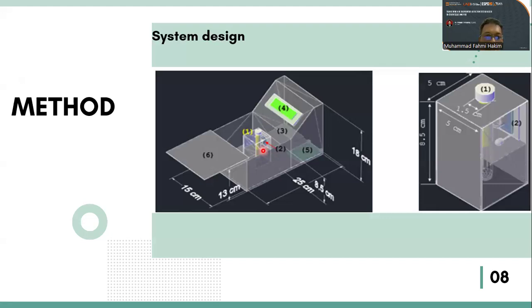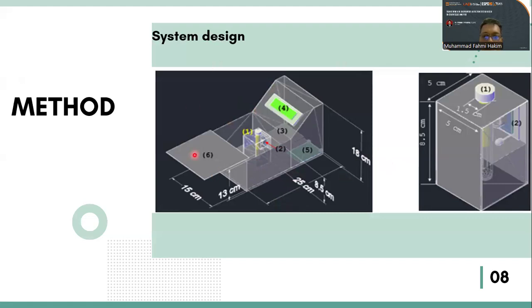Number three is the microcontroller, where we use Arduino Uno. Number four is the LCD, number five is the power supply, and number six is the acrylic housing.